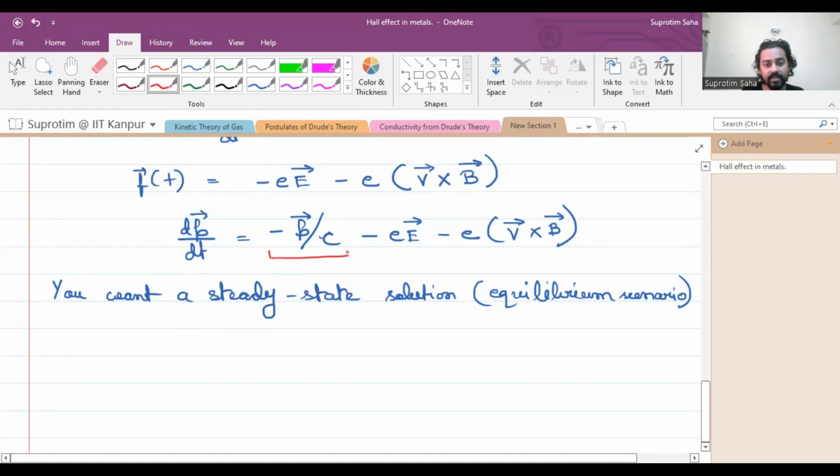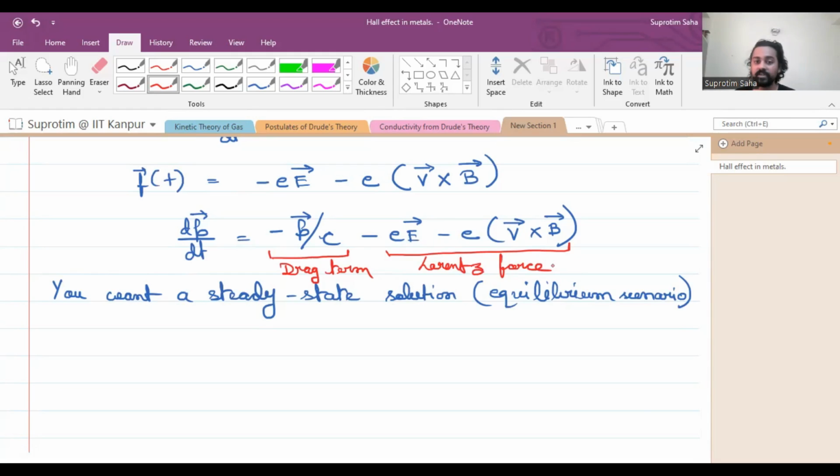Also, let me remind you, this is the drag term. This is the Lorentz force. Although it's not clear from Drude's theory what exactly is causing the scattering mechanism, it is scattering, and that gives you the resistivity or the conductivity. Okay.